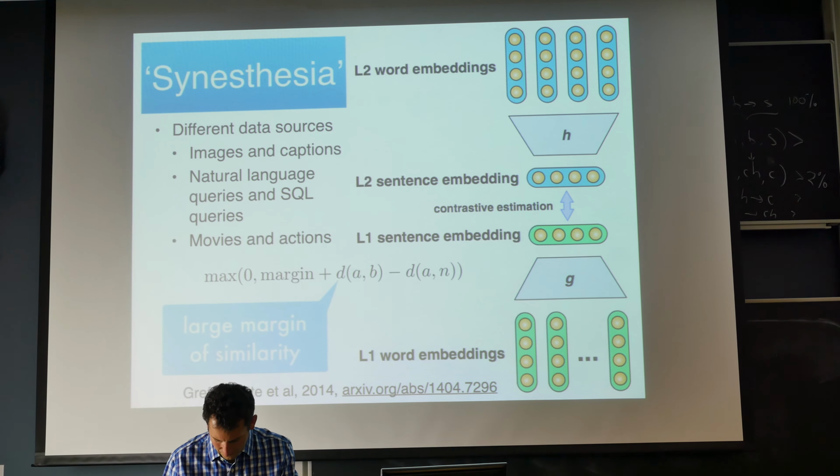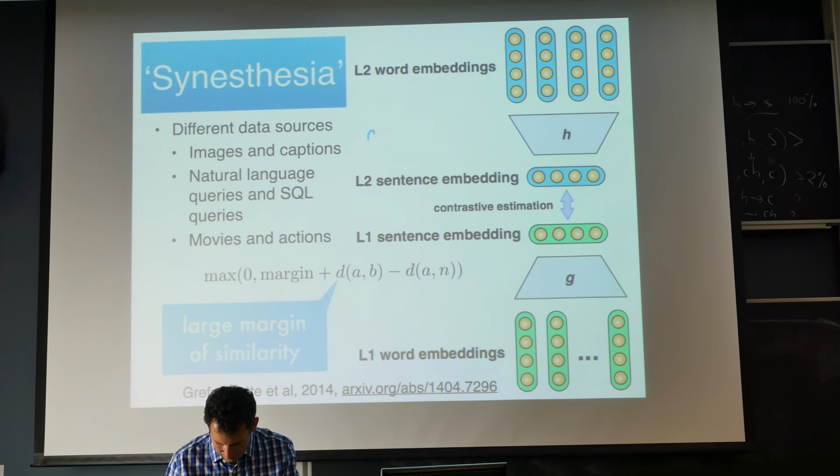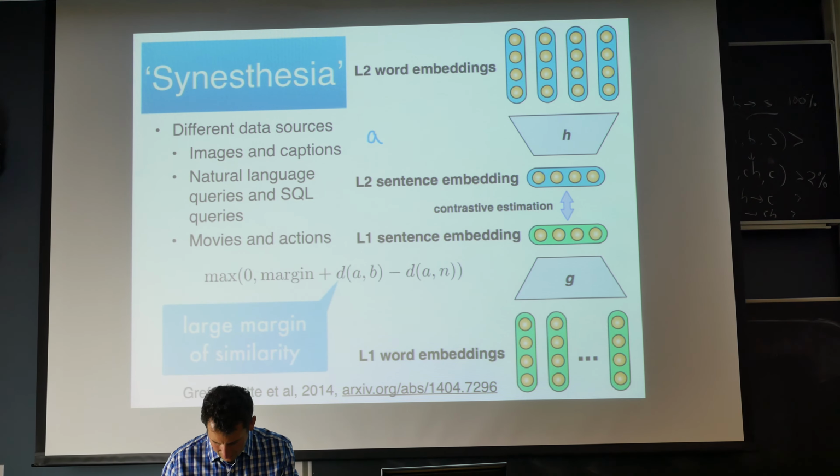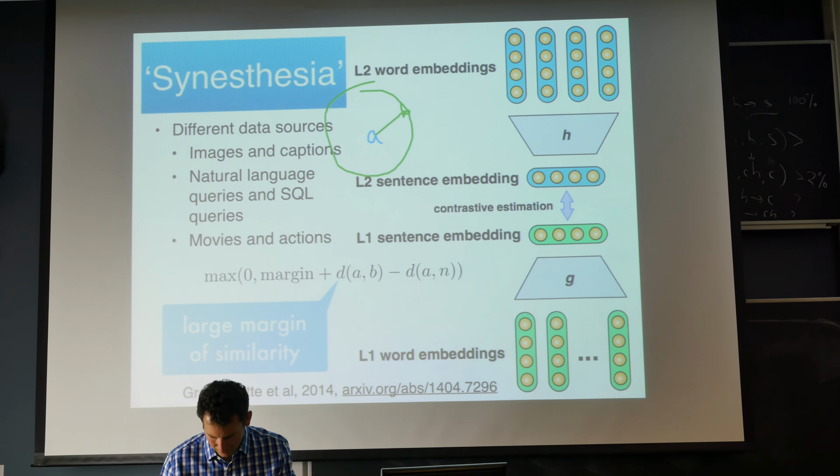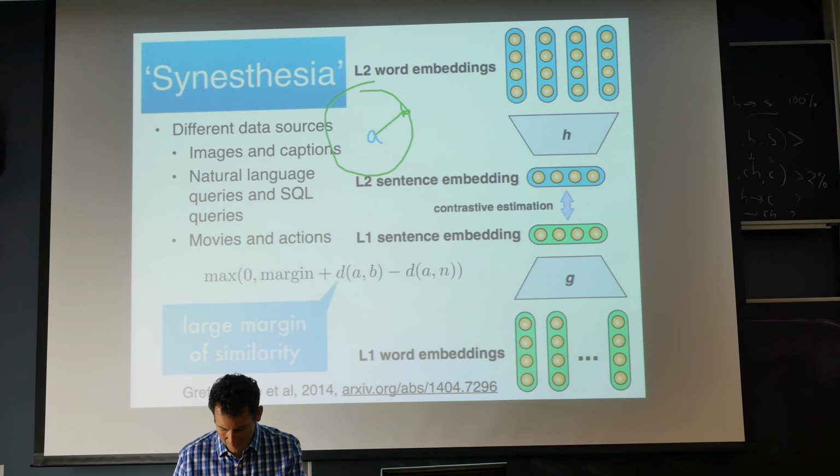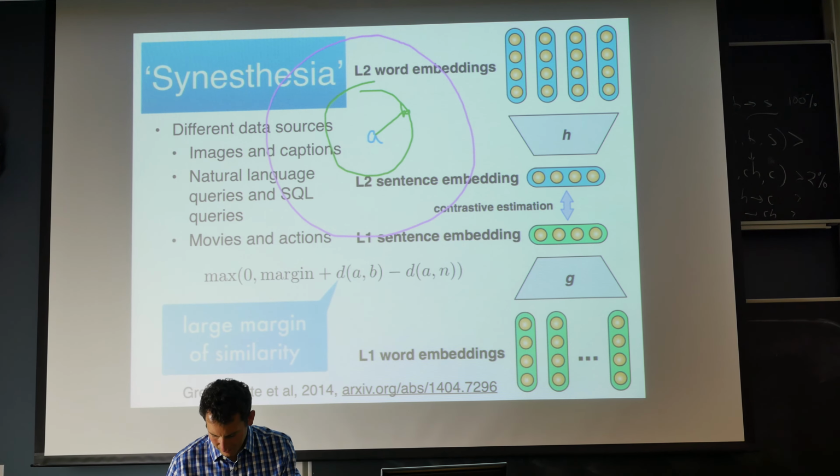So let's say here is A, and let's say here's B. And they have some distance, right? Then I want to make sure that, if this is a set of possible B's with the same distance, all the other ends are at least a margin far apart.